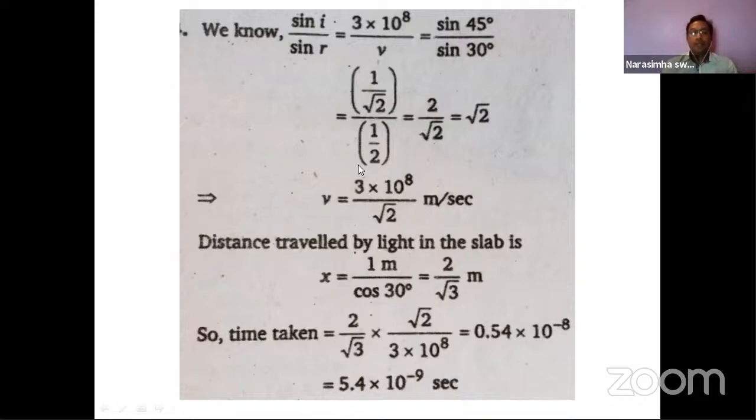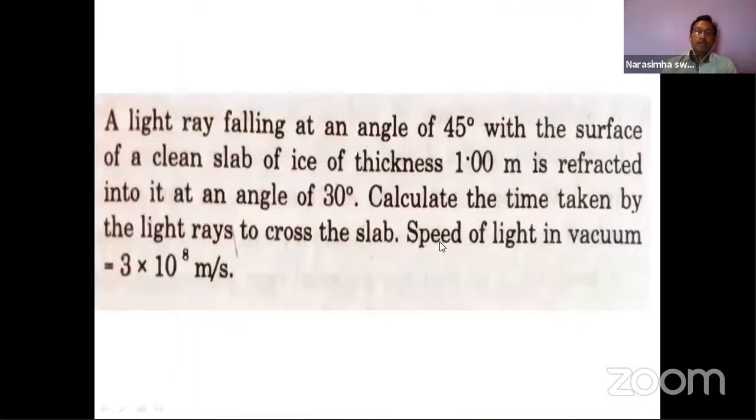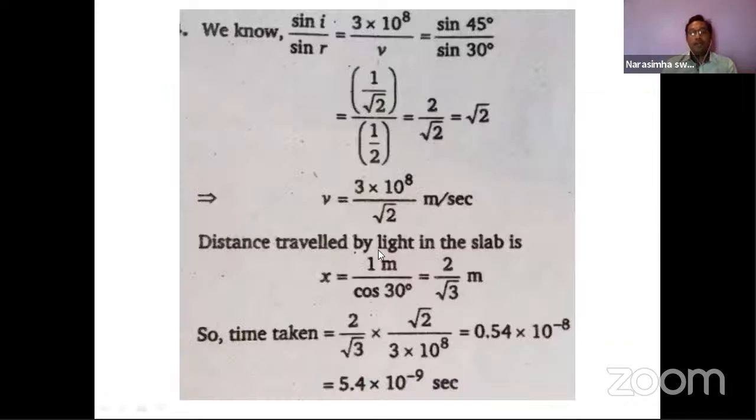That V value we are going to use further, because what they're asking is the time taken. So the formula for time is distance by velocity, right? Distance or displacement by velocity.